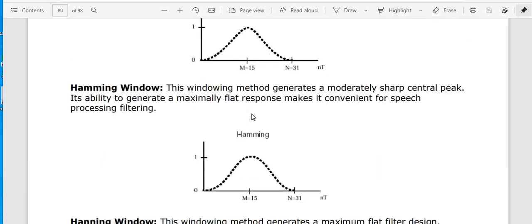Another type of window we are learning is the Hamming window. What is the advantage of using the Hamming window compared to the other types? This windowing method generates a moderately sharp central peak. Whatever peak we are seeing was very sharp in the other window, but here it is somewhat broader.